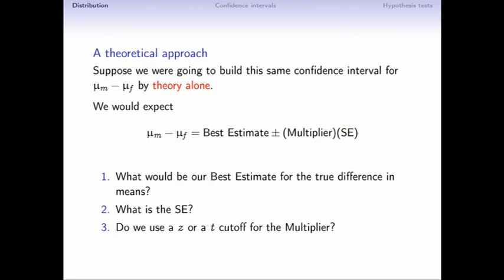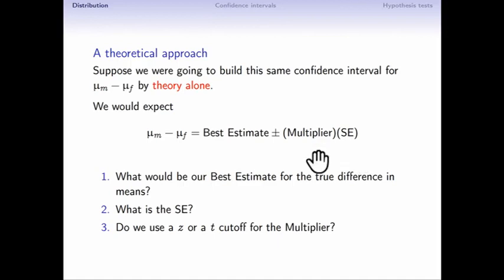But then we know, because each time I collect a different sample, I'm going to get a different set of sample means to work with. We know that we have to add on a margin of error in our calculation. We know that our best estimate is just an estimate for this true difference. And so we add on a margin of error. And as we've come to expect, that margin of error is itself composed of two pieces. One is the standard error. You could think of that as the standard error in that dot plot that we're creating.